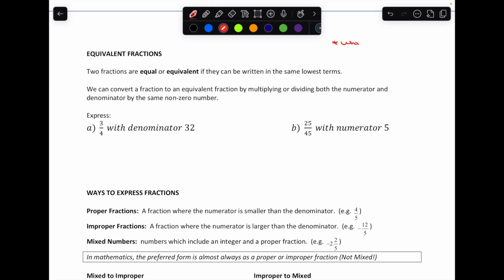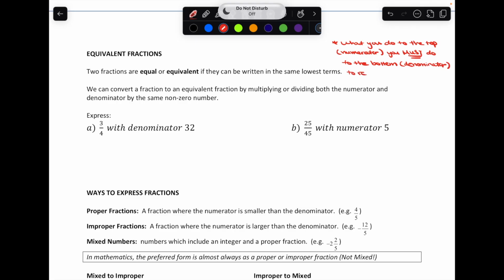Again, what you do to the top, which is the numerator, you must do to the bottom, which is the denominator, to remain equal.